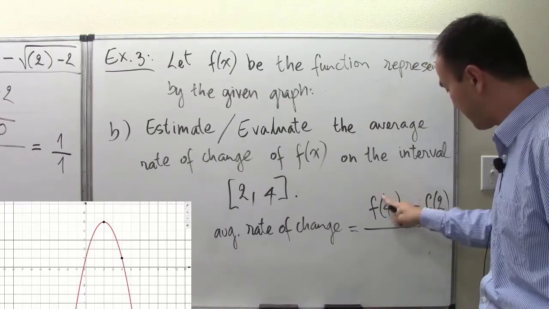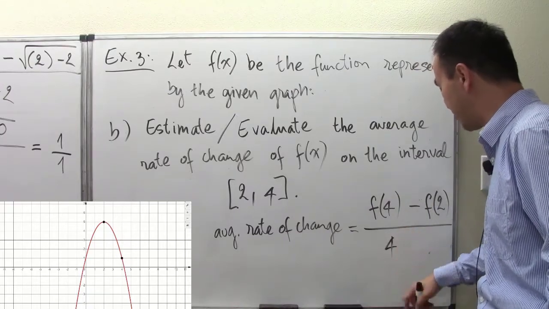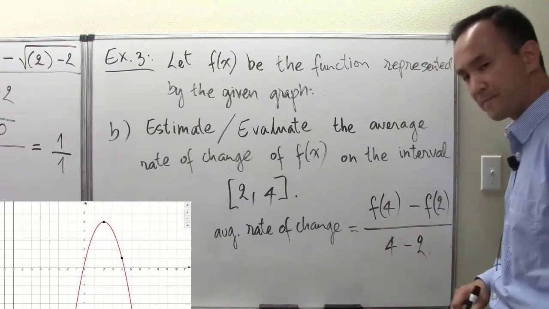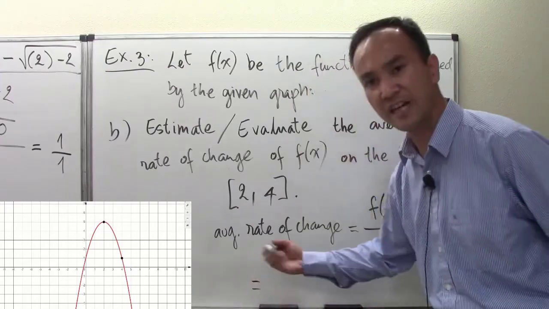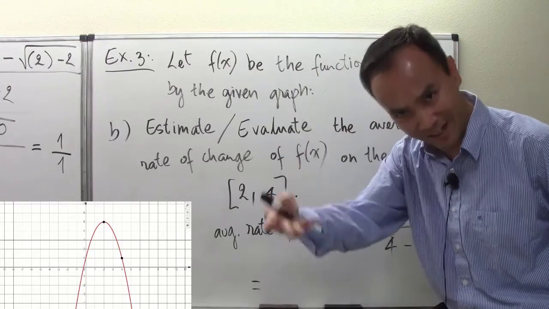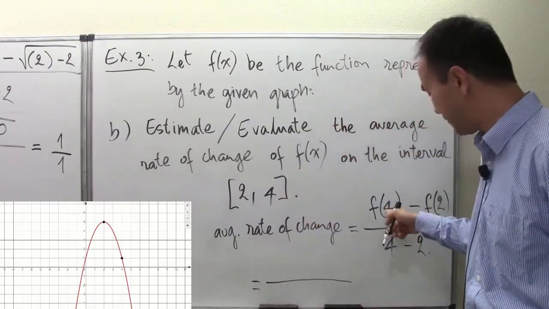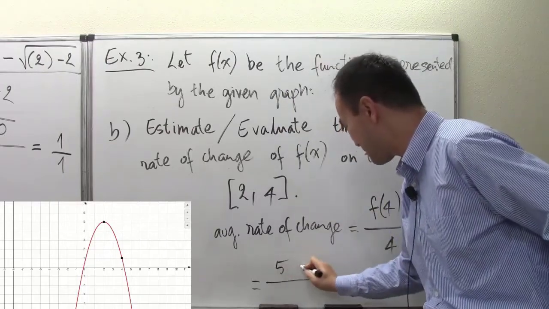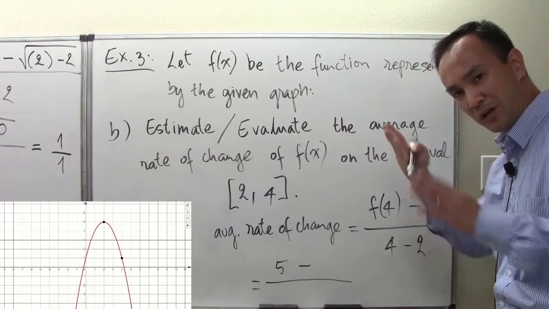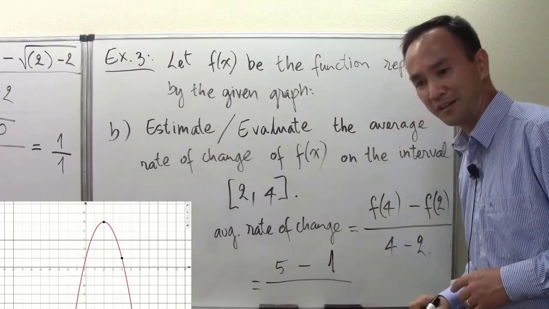Okay, that difference in the y value, we're going to divide by the difference in the x values, 4 minus 2. All right, and so now, according to what we have estimated by looking at the graph, it looks like it's estimated that f of 4 is about at height 5. So it's 5 minus, now f of 2, according to the graph, is estimated to be about 1.